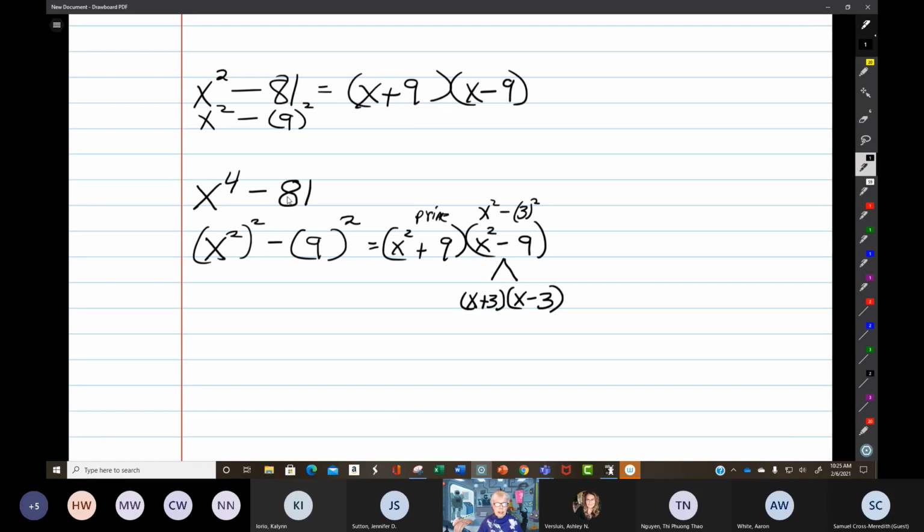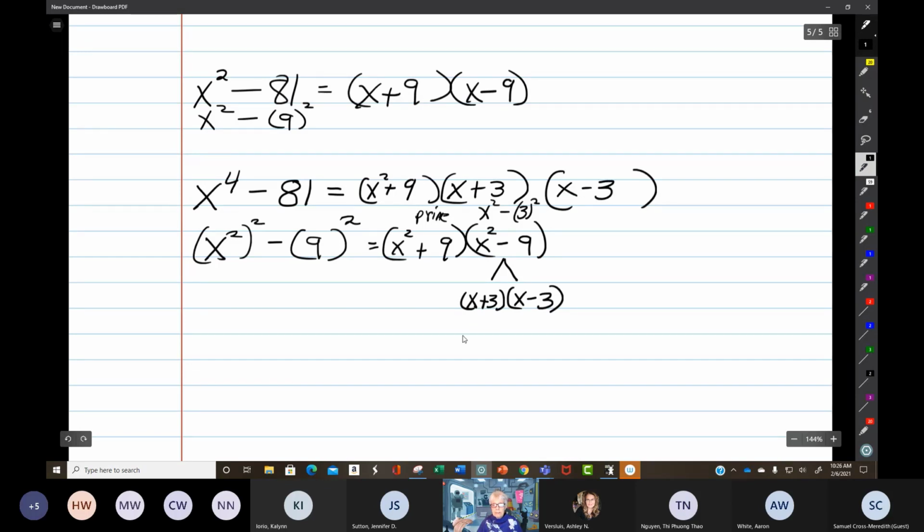So it ends up that x to the 4th minus 81 has 3 factors: x squared plus 9, x plus 3, x minus 3.